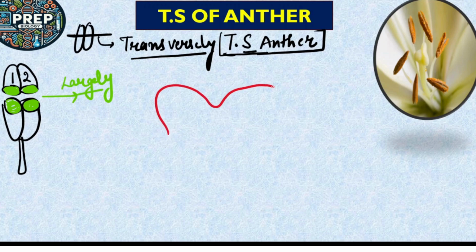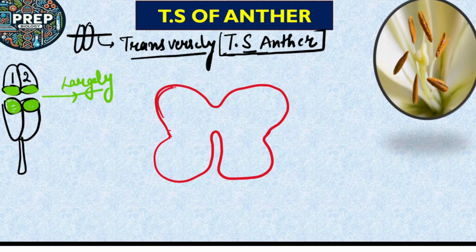The anther has a tetragonal structure like this. It has 4 sides, tetra means 4 sides, and inside it we have 4 sacs.